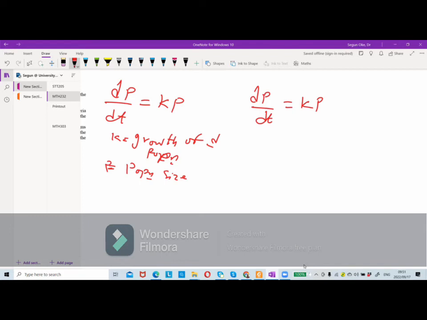For example, if I say my population size is 1,000, let's say I have 1,000 sample of bacteria.